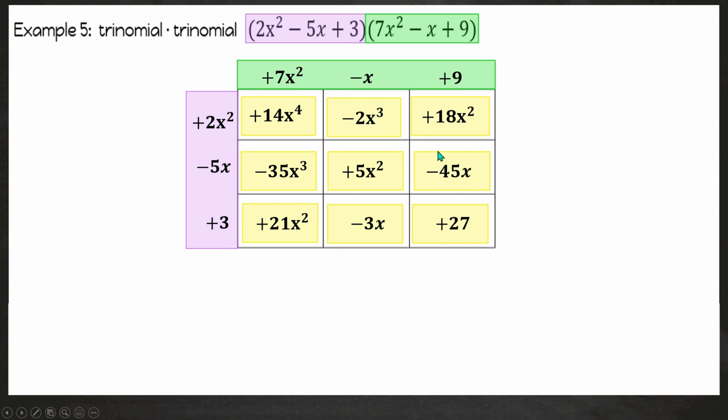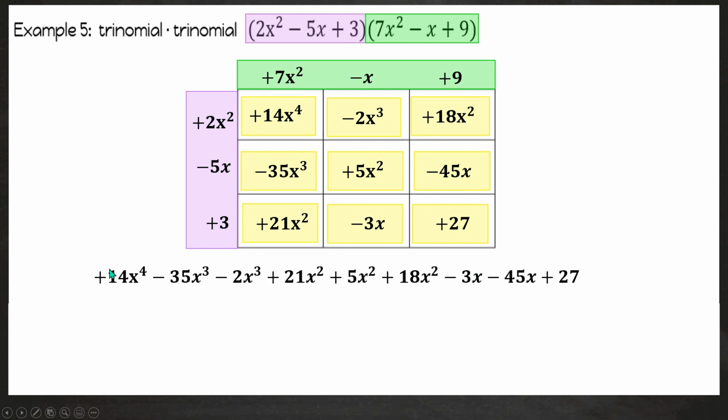Now, when I take all of these terms out of this area model and list them in degree order, we get a 9-term polynomial. However, that's not going to be our final answer because we have to simplify or combine our like terms. So negative 35x cubed minus 2x cubed, we get negative 37x to the power of 3. 21x squared plus 5x squared plus 18x squared, and we get a positive 44x squared.